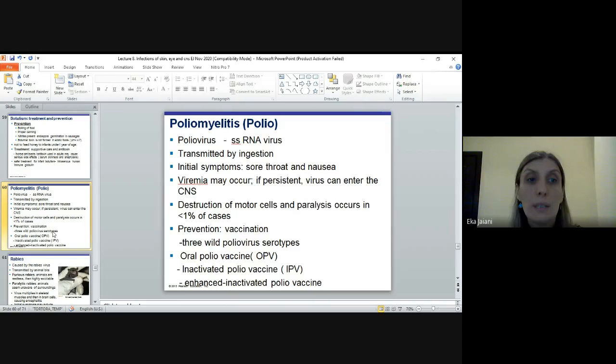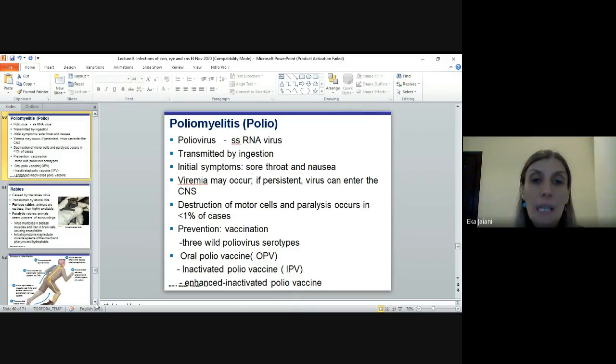So muscle atrophy developed, and it led to problems, of course. And we have two vaccines. One is an inactivated, killed vaccine, another is a live attenuated vaccine.